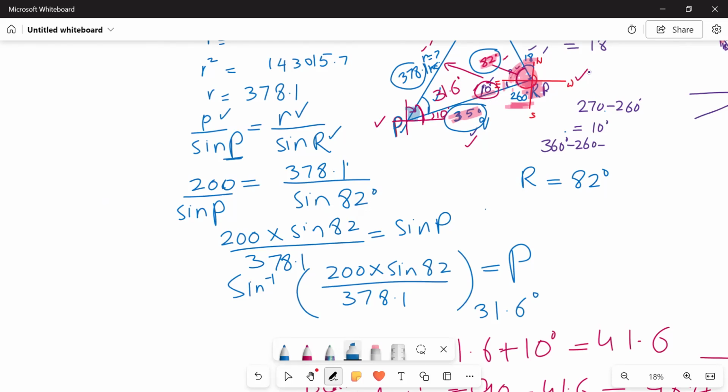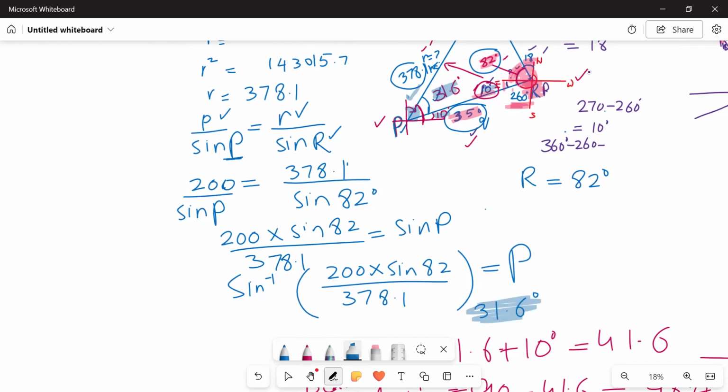But we only know the measurement that we found here, 31. So this is 10 and this is also 10. If we add these, 31 and 10, it is 41.6. We can subtract this 41.6 from 90 and then we can get the bearing of this side.